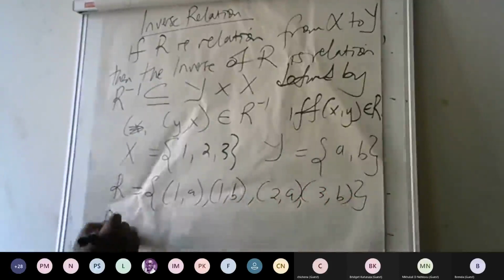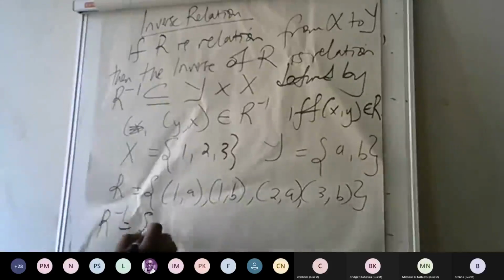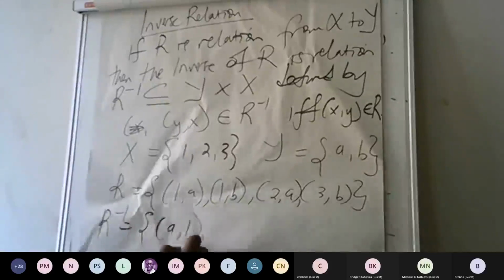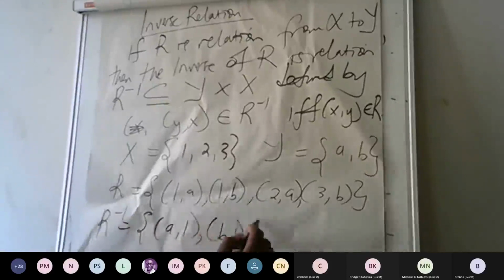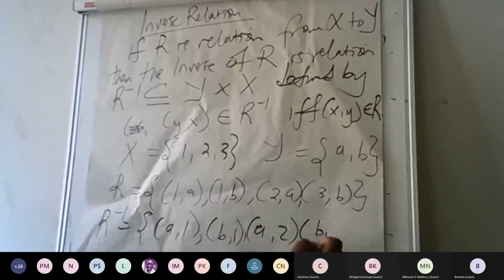Then the inverse of R is still a set: a1, b1, a2, b3.